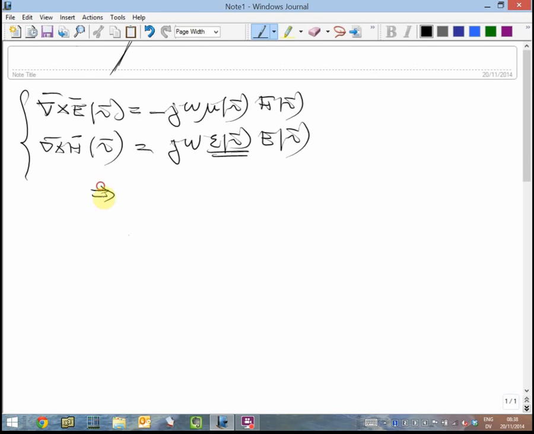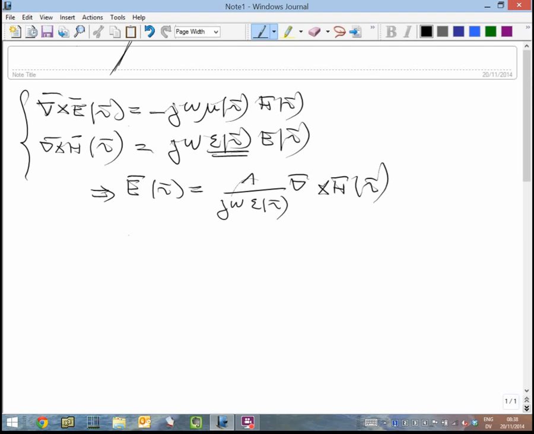That's of course not rocket science, because we can derive from the second equation that the electric field as a function of the spatial coordinate is 1 over j omega epsilon of r, curl of the magnetic field, like this.